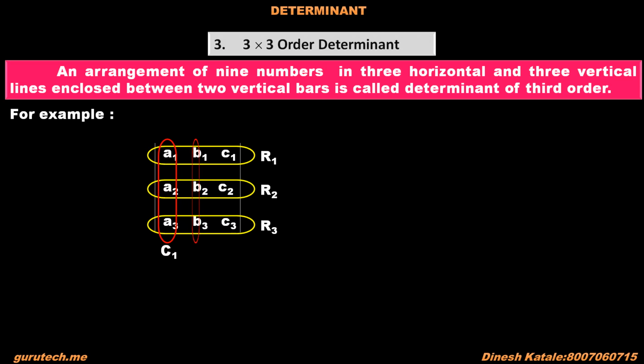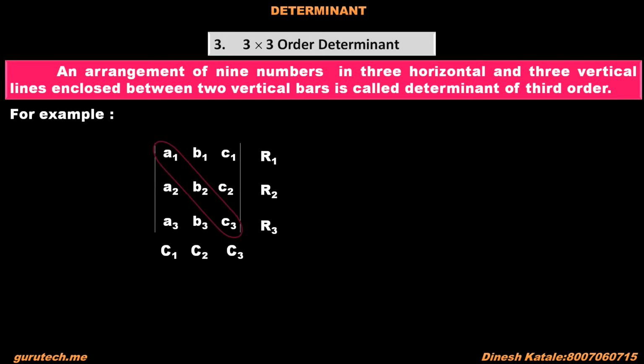Next, b1, b2 and b3 are in second column known as C2, and last 3 elements c1, c2, c3 are in third column known as C3. 3 elements a1, b2 and c3 are in diagonal known as principal diagonal, and the elements a3, b2 and c1 are in second diagonal known as secondary diagonal.